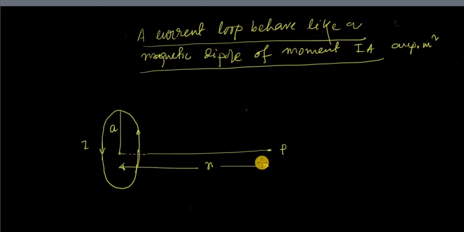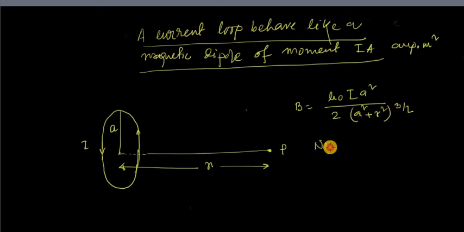So by the Biot-Savart law we have the magnetic field at that point: B is nothing but mu 0 I A square divided by 2 into (A square plus r square) whole to the power 3 by 2. Now consider A is very much less than r, that means point P is far away from the loop.